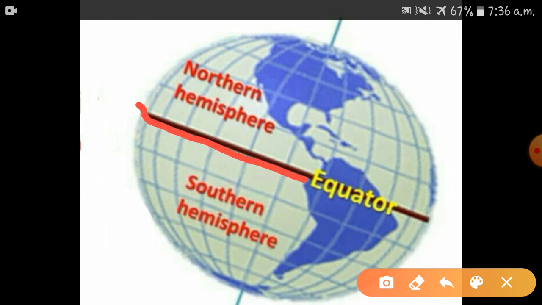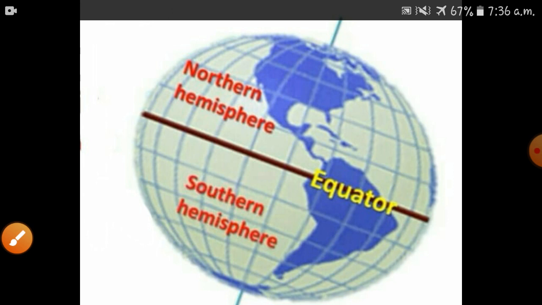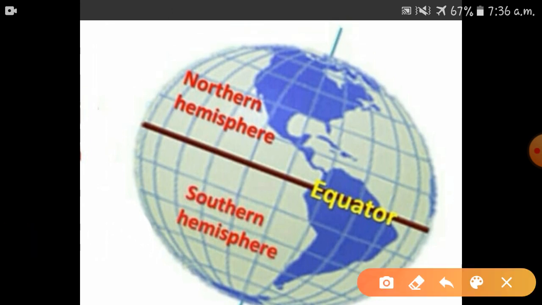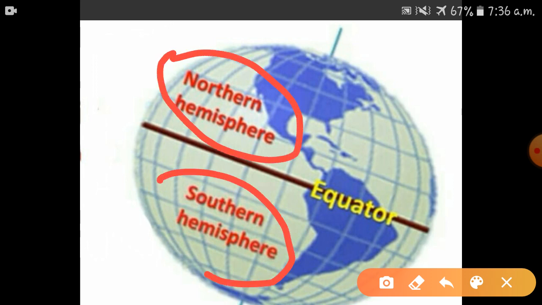Imaginary circle that divides the Earth into two parts is called equator. The parts which are divided are known as northern hemisphere and southern hemisphere.